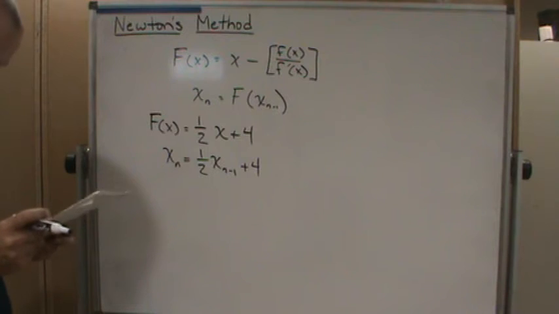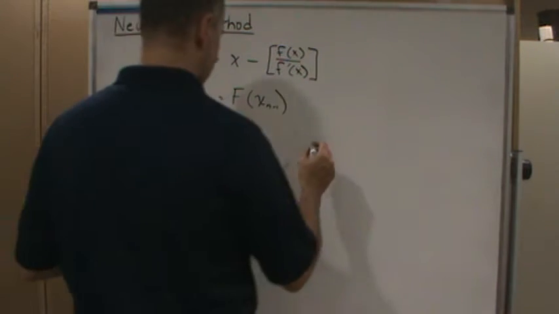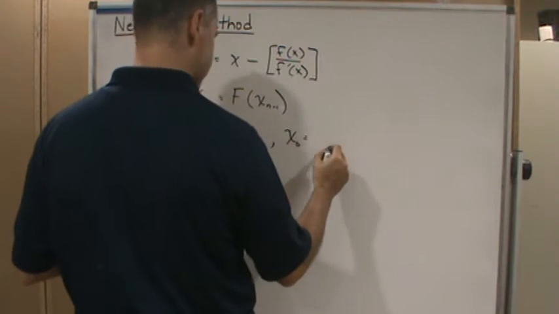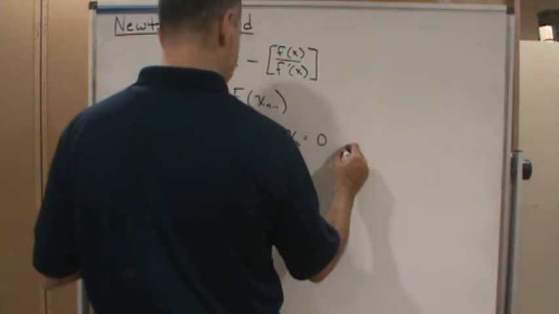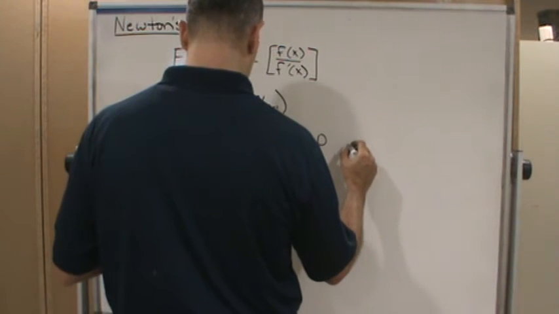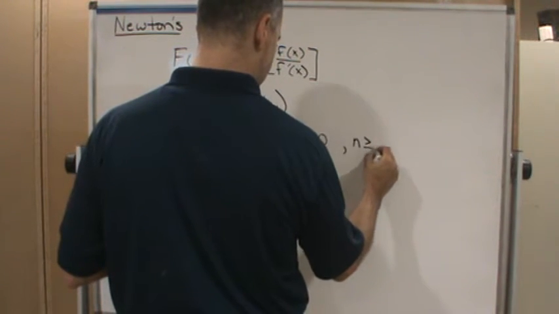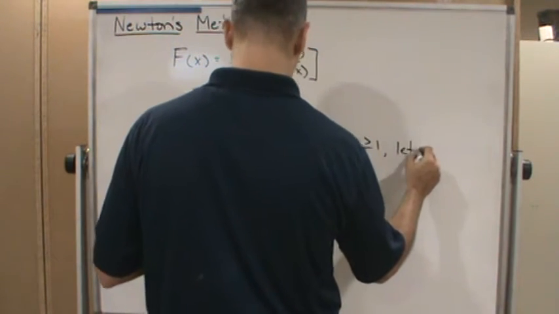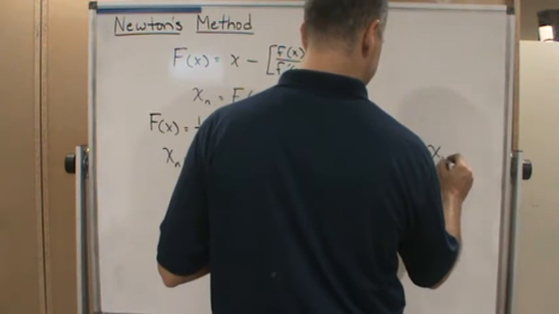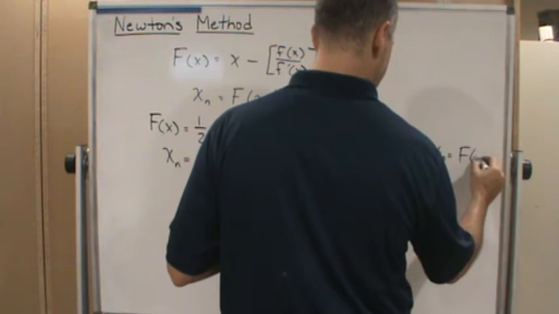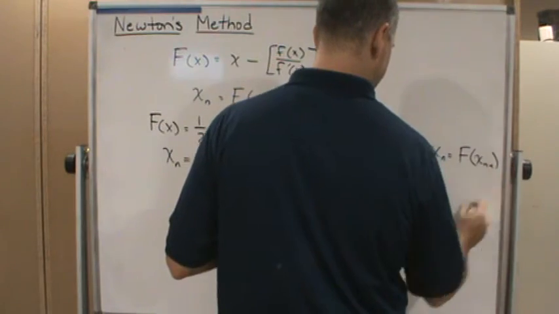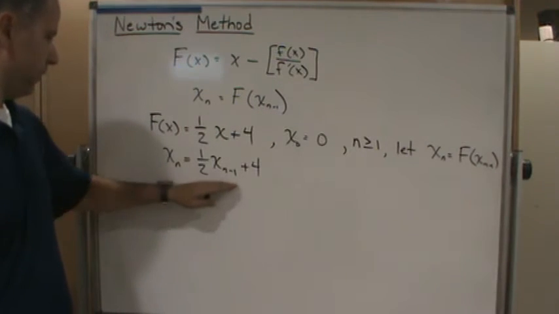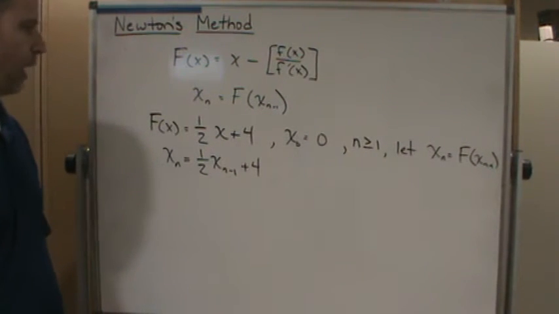Let's start with x sub 0 equals 0. And for all n greater than or equal to 1, let x of n equal f of x of n minus 1. So let this represent the iterative process.